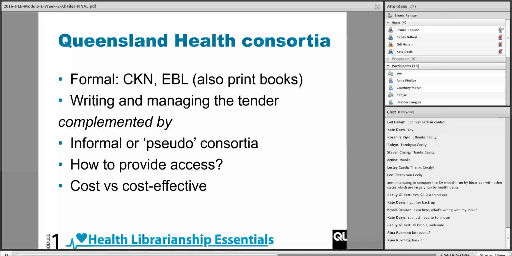So in my opinion, the best management model is a committee of practicing health librarians, plus some clinicians who are interested, and purchasing from a specified range of publishers. No single company can provide all the resources. I believe the Western Australian model purchased from a panel of suppliers, and I know they're just refreshing their tender now, but I understand that it worked fairly well.